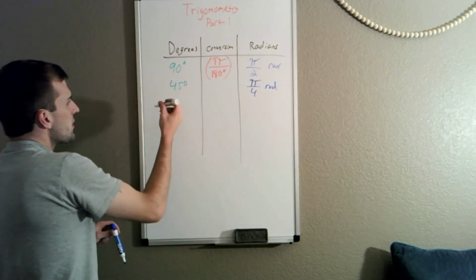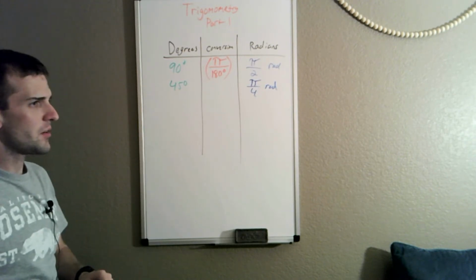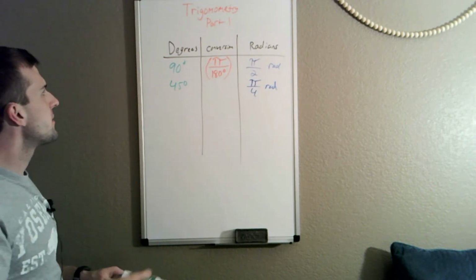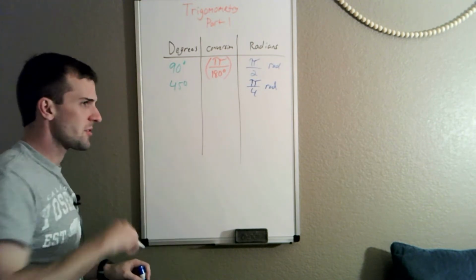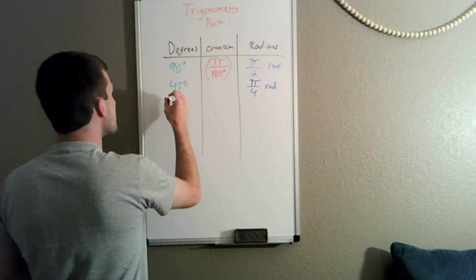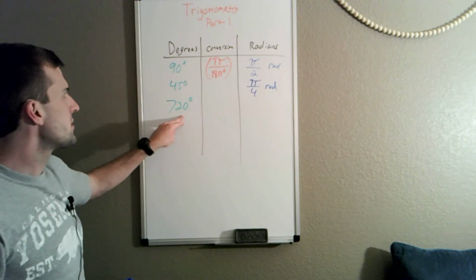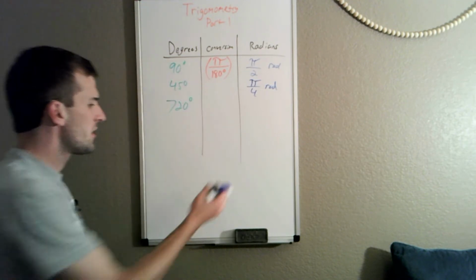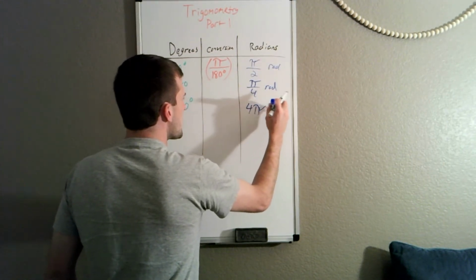Now let's try something a little different. Let's do a value greater than 360, and we'll see this conversion factor still works, even if you go multiple times around the circle, you can still convert from degrees to radians. So let's say 720 degrees. 720 degrees times pi divided by 180 is going to equal 4 pi radians.